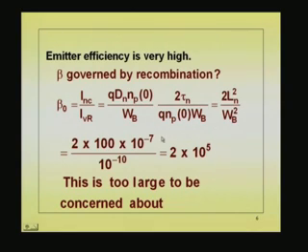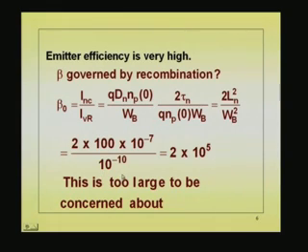Now, when you plug in the numbers, reasonable numbers, 2 into Dn about 100 centimeter square per second, 10 to the power minus 7 lifetime. We pointed out last time why it is low. It is low because it is a direct band gap material. Divided by Wb squared. I took 0.1 micron.